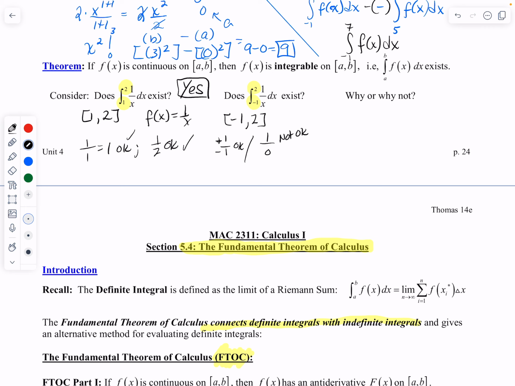I don't even have to check anymore because I just have one spot. 1 over 0, where the function is not continuous. It's discontinuous when x equals 0. So does it exist? No. Once again, it's because when x equals 0, the function is discontinuous.